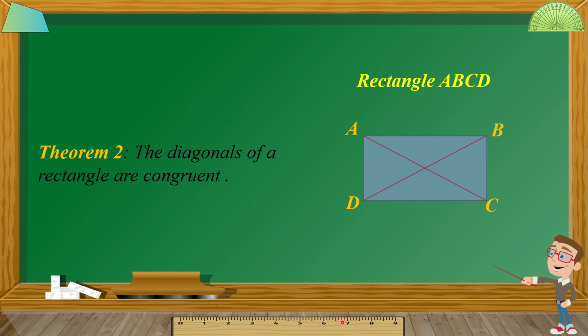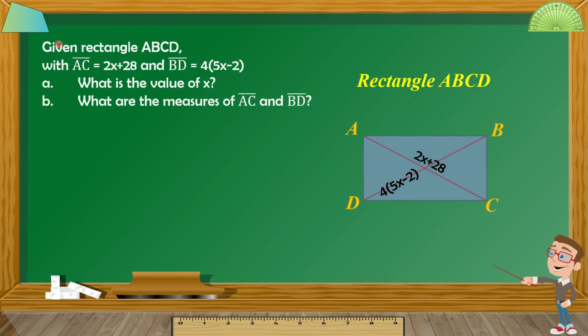So, theorem number 2: the diagonals of a rectangle are congruent. Sabi dyan sa theorem number 2, yung diagonal AC daw ay equal or congruent kay diagonal BD. So, bigay tayo ng example dyan. Given rectangle ABCD with diagonal AC equals 2x plus 28 and diagonal BD equals 4 quantity 5x minus 2.